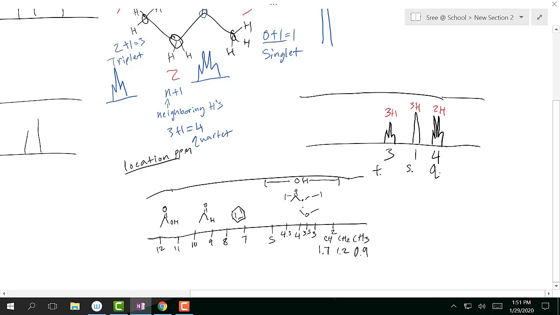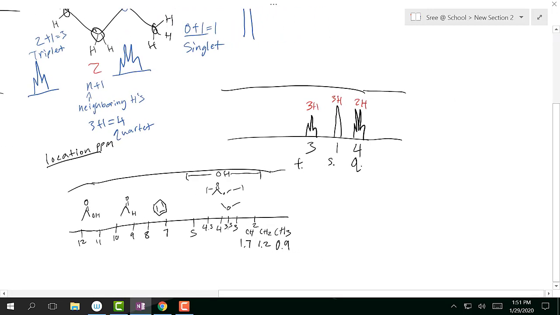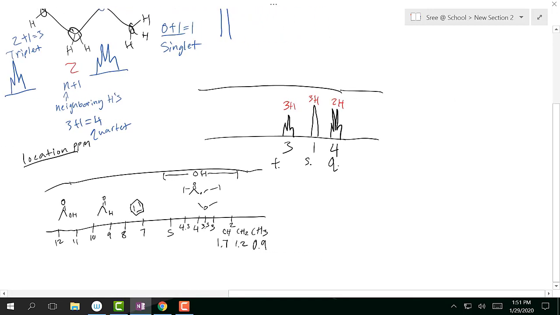Let me see what else is important. So chemical shifts is just anytime there's electron withdrawing groups next to methyl, ethyl, they're going to shift either downfield or upfield. For example, we both have methyls here, but this methyl and this methyl are not on the same ppm value.